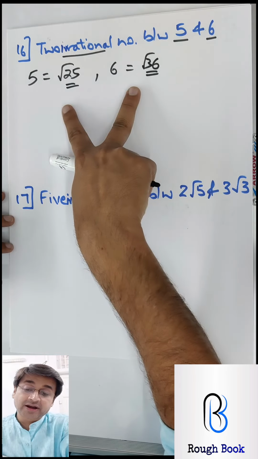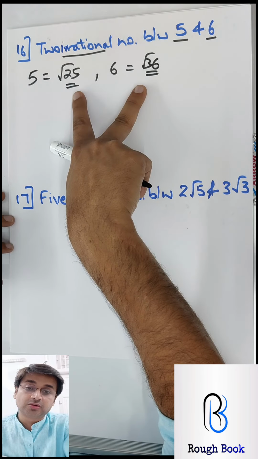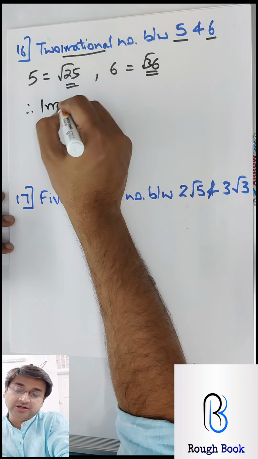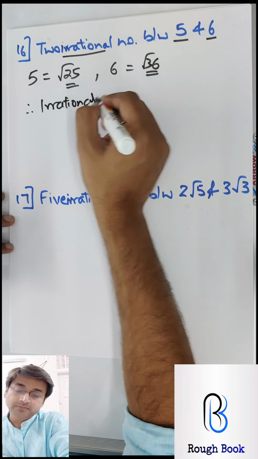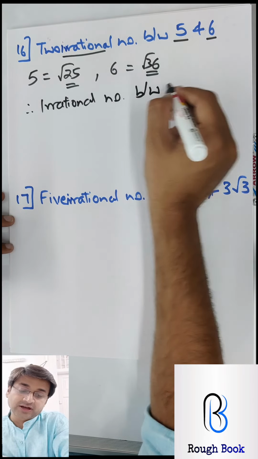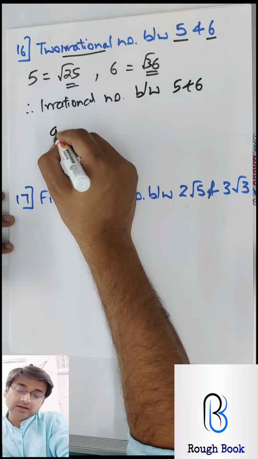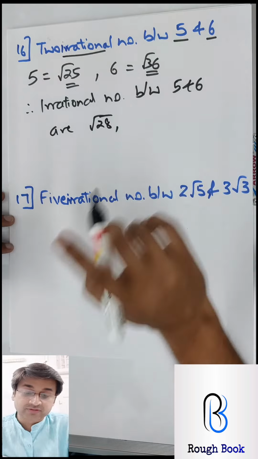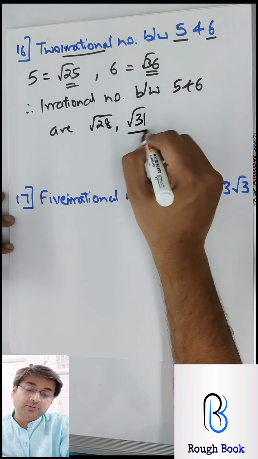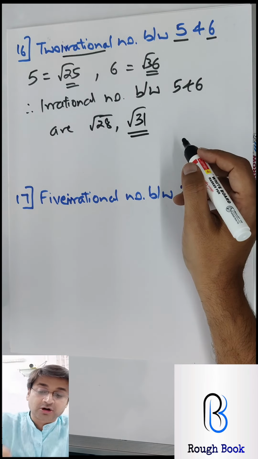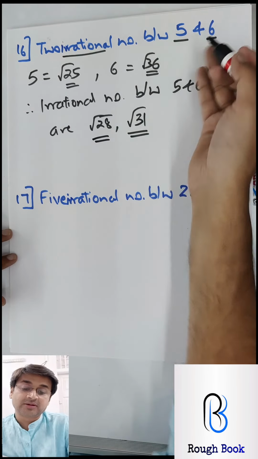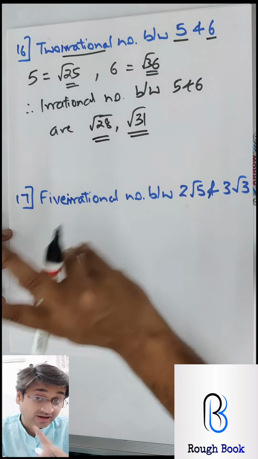Now write any two numbers between these two which are irrational. As simple as that. So irrational numbers between 5 and 6 are, I can write root 28 because you can't solve it, it's not a perfect square. I can write root 31. You can write any numbers that you want between 25 and 36. You manage to get irrational numbers between them, not rational.